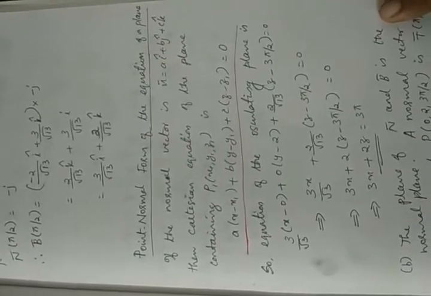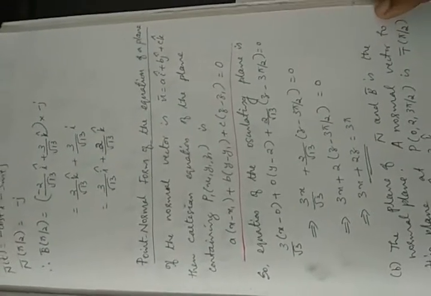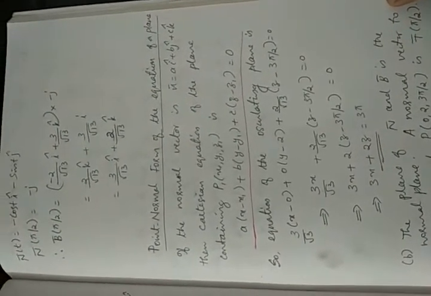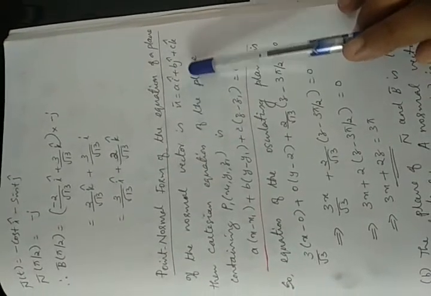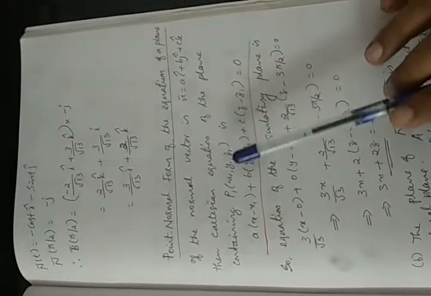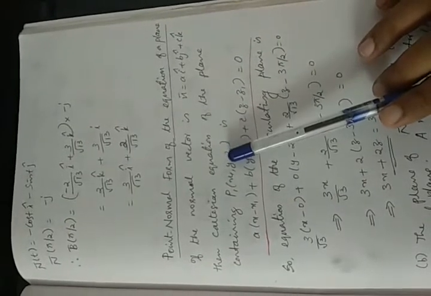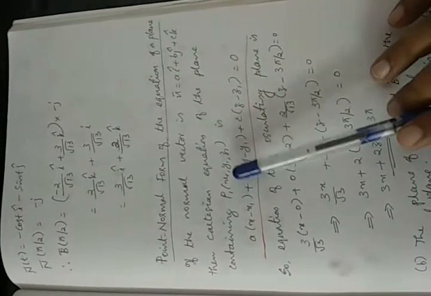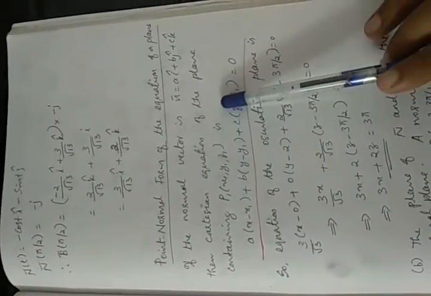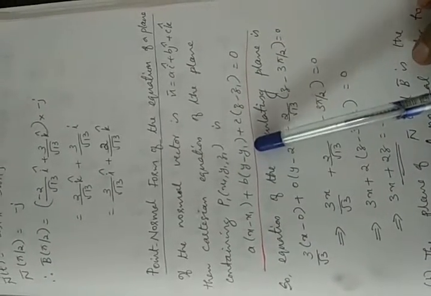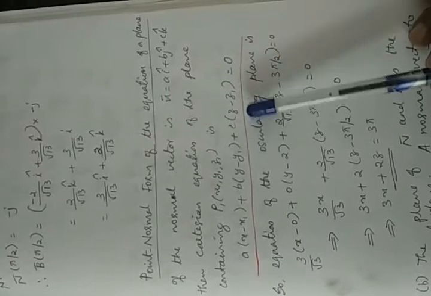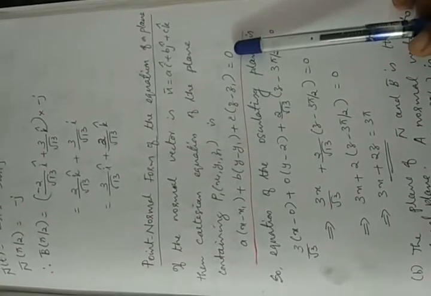Now you know the point normal form of the equation of a plane. If the normal vector to the plane is n equals a i plus b j plus c k, then the Cartesian equation of the plane containing the point P1 (x1, y1, z1) is given by a into x minus x1 plus b into y minus y1 plus c into z minus z1 equals 0.